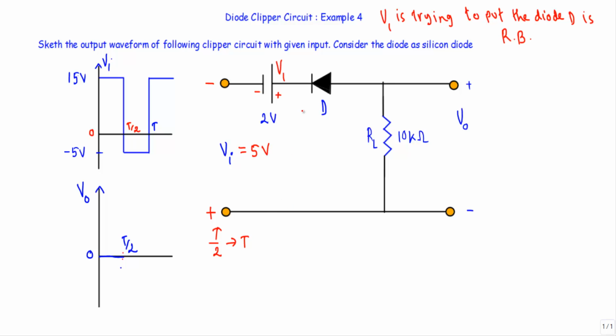Okay, now see, the bias voltage is trying to put the diode D in reverse bias and the positive terminal of the input voltage is connected with the P side of the diode and the negative terminal of the input voltage is connected with the N side of the diode. That means the bias voltage V1 is trying to drive the diode in reverse bias, but the input voltage Vi is trying to drive the diode in forward bias. As the input voltage has higher magnitude than the bias voltage, our input voltage Vi will put the diode D in forward bias.